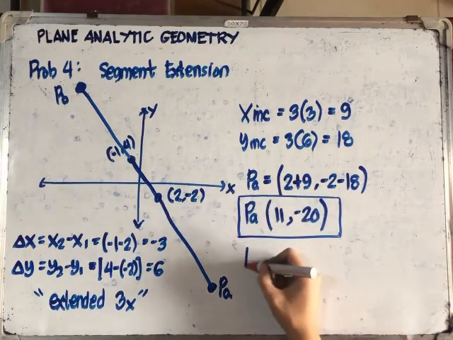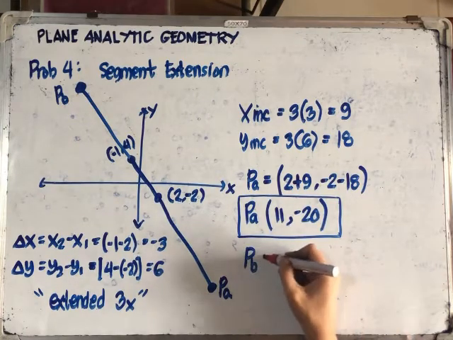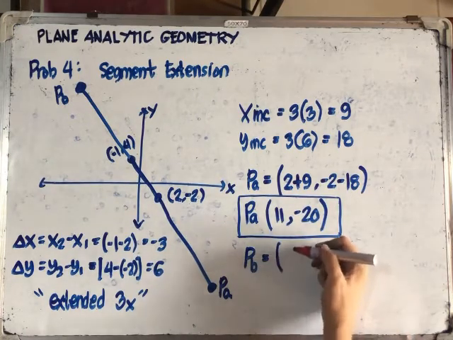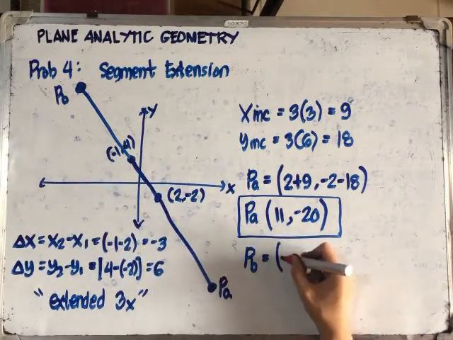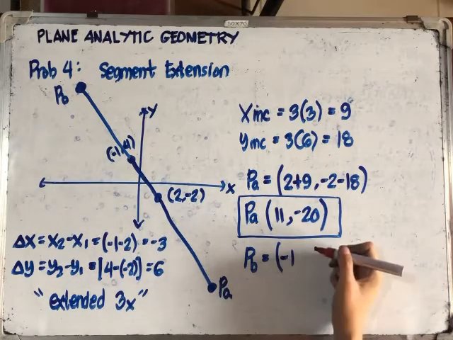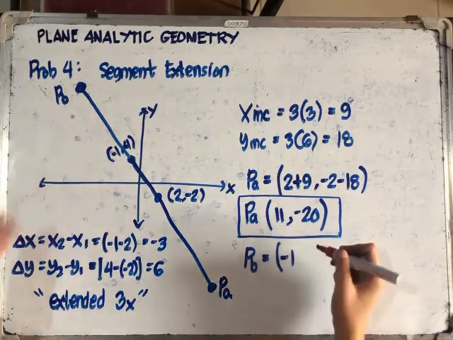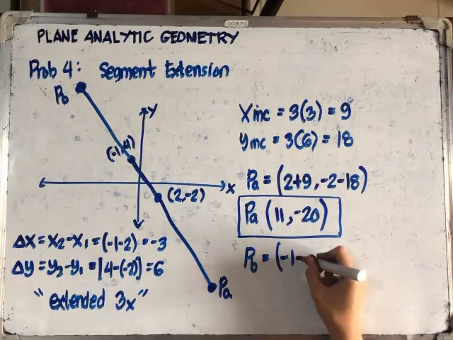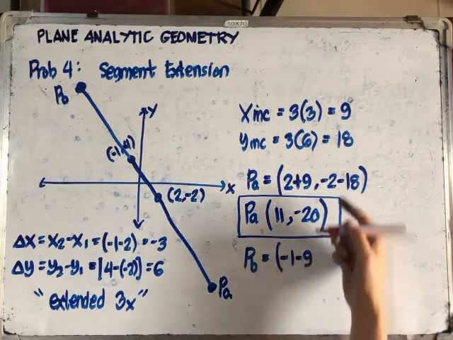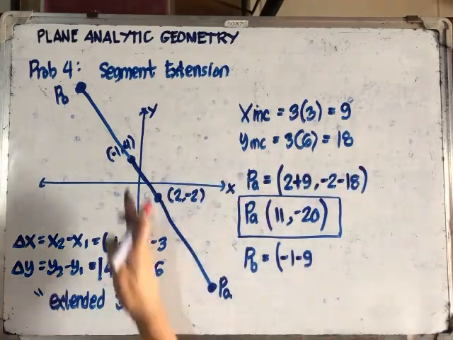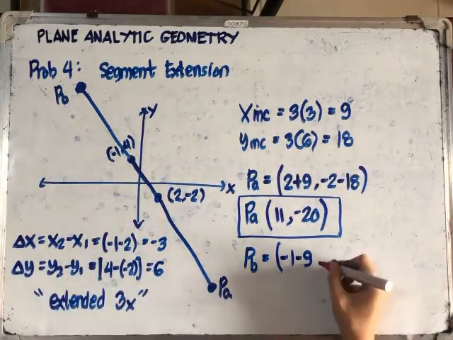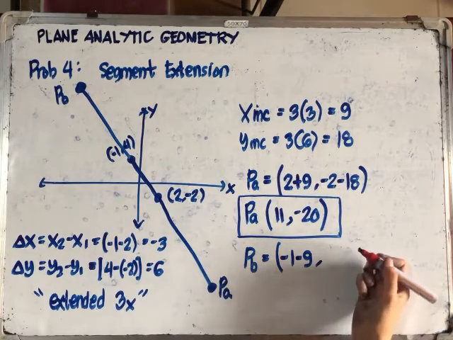Okay? And then going to PB naman, what we have here is, this one is the nearest point to PB, negative 1. And then PB is going to the left. So that would mean negative ang magiging effect nitong 9. From this point going to the left, mas magiging lalong negative ang x value natin.